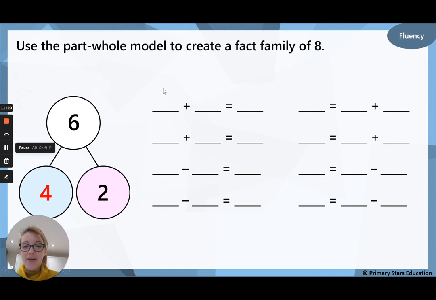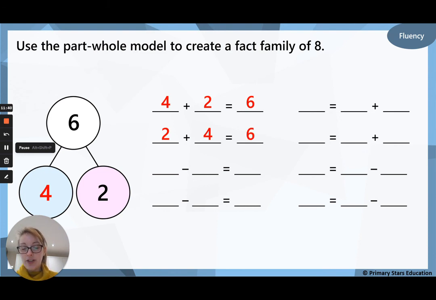Okay, so how did you get on? Let's have a look and see if you managed to find all these number sentences. So the 2 additions, we should have 4 plus 2 equals 6. And then if we swap those parts around, we can also write that 2 plus 4 equals 6.